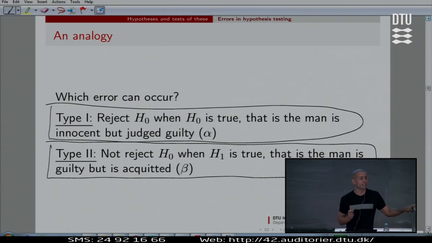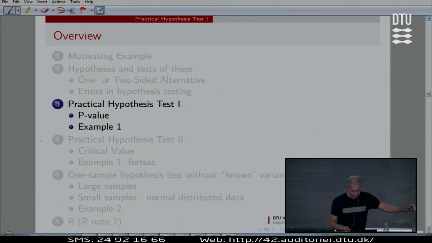Maybe you shouldn't have accepted the null, right? Maybe it was a mistake. Maybe the man is actually guilty, but you accept the fact that he is innocent. That's a type 2 risk. It's more difficult to control, actually. Okay, this was the second part, the general part. Let's go more practical now.